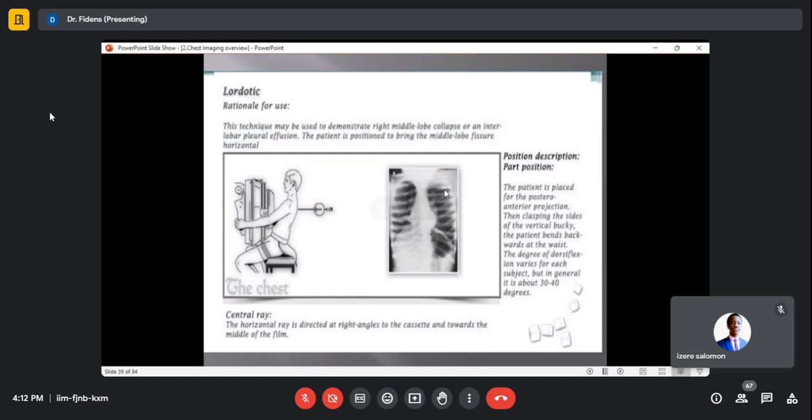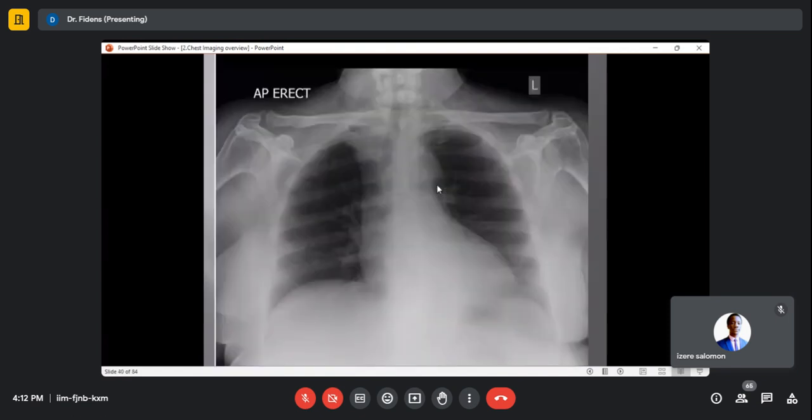Somehow not. It is. You see, okay. It is done very rarely when you are not able really to see what is going on at apical regions, but it's easy to do. But that is now an aortic view. Can you see how the clavicles have gone up? The apical regions are very clear. Everything else is magnified.